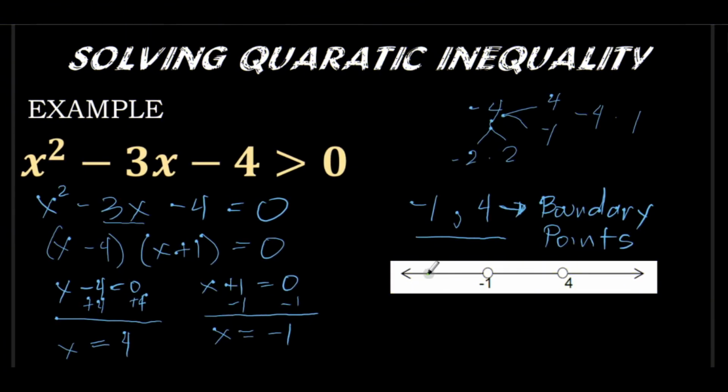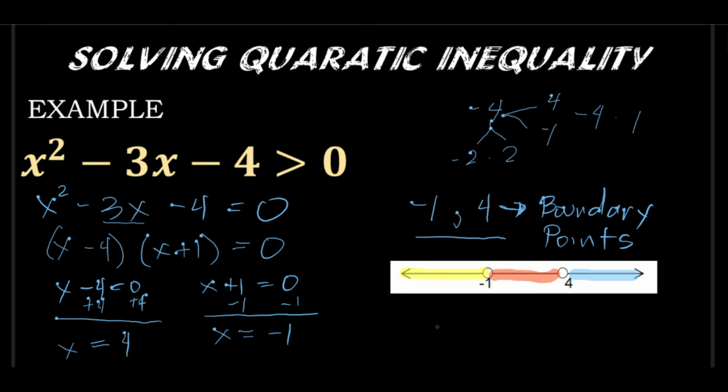So, meaning, itong ating nasa negative 1 papunta dito sa left side ay 1 region. Tapos, itong nasa gitna is another region. At itong ating nasa kanan is third region.